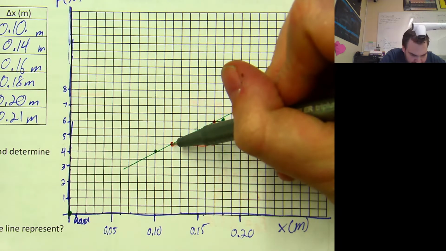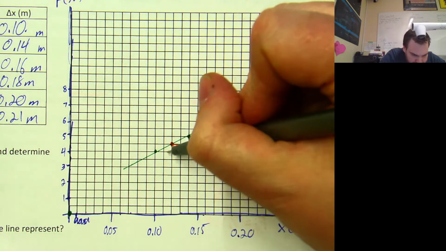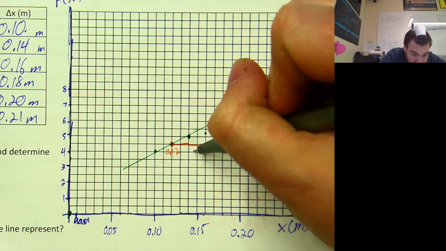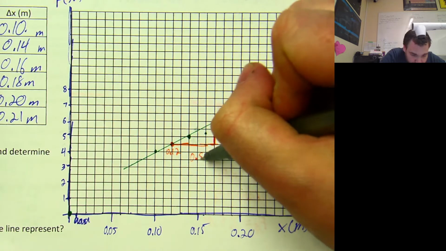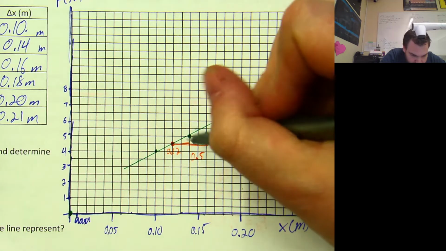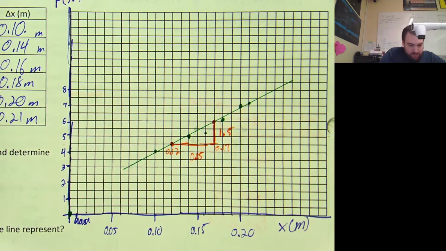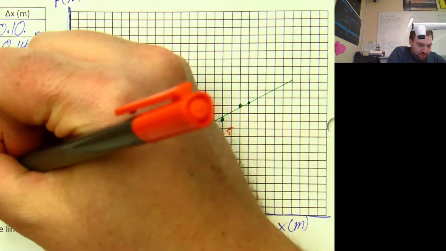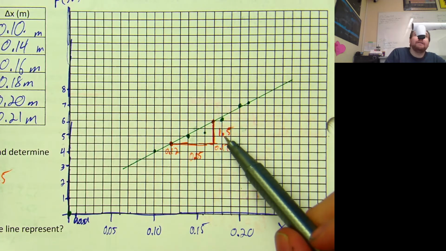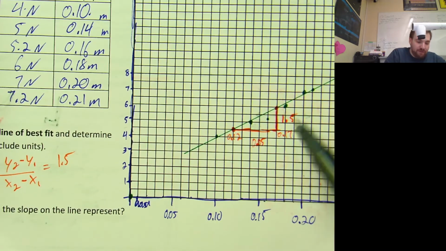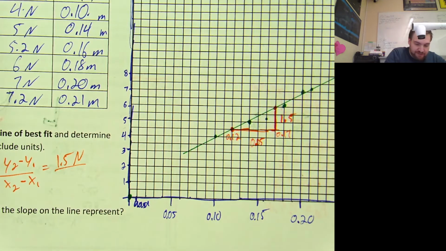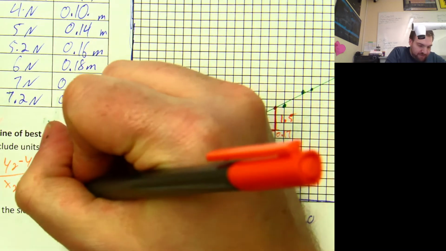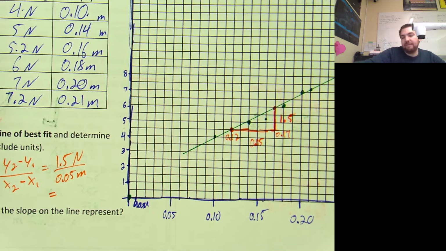And this is a run from 0.12 to 0.17, so that's 0.05. So my rise over my run is going to be 1.5, and the units on the rise are what? Newtons, thank you. And the run is in meters, 0.05 meters. So I'm going to get a slope of 1.5 divided by 0.05.